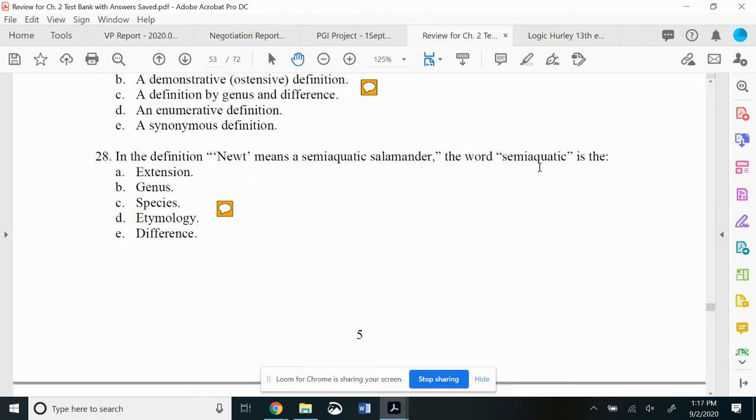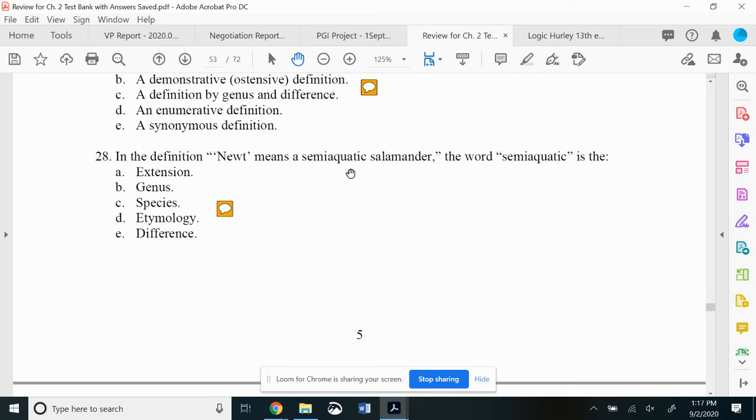The word semi-aquatic is one that's a little hard for some of you. How many of you see 3 different things going on? It's wanting to know what semi-aquatic is. So, are there 3 things? Yes. Is it most likely a genus species difference? Oh, yes, and they're all here as possible answers.